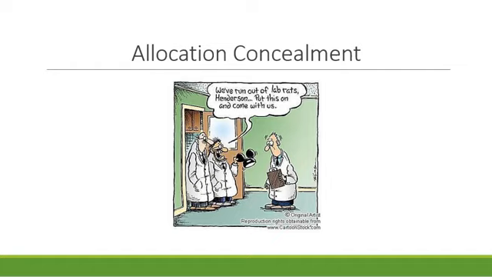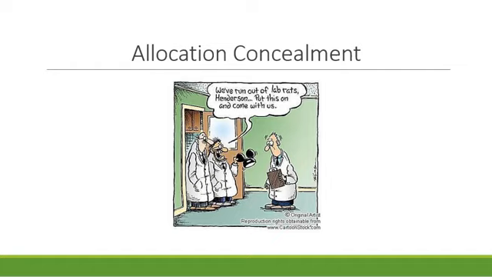It's really interesting that a lot of the things that we do may not be able to completely conceal allocation. If you're doing a drug-related study, this becomes pretty easy to do, right? If there is a white treatment pill and a white placebo pill, and they're of the same size, etc., the frontline provider or the investigators may not have any appreciation as to what treatment that individual is receiving, and then the individual doesn't know either.